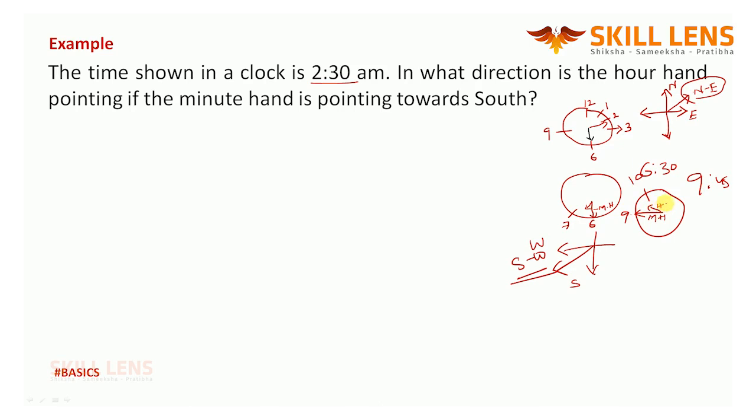So this is the hour hand. The minute hand will be towards west and the hour hand between north and west. So can I say that's going to be northwest? Yes. So you have to be very careful which hand is being asked.